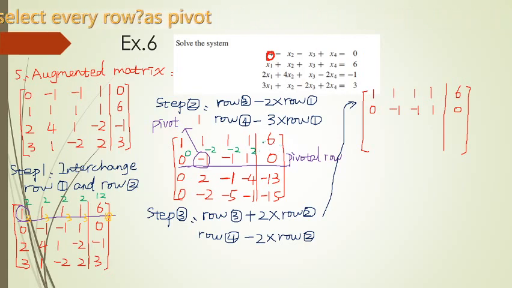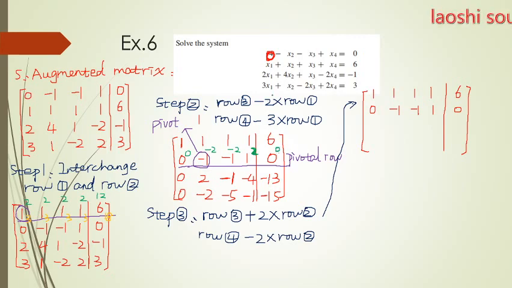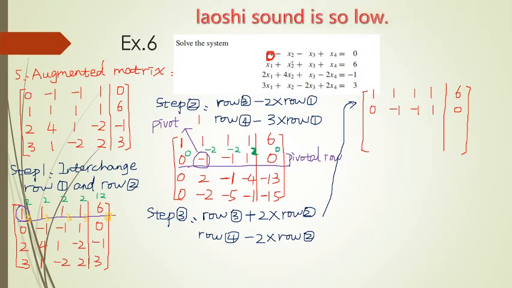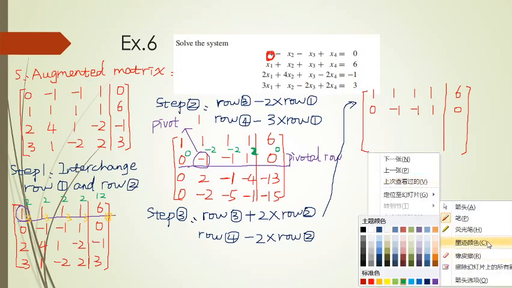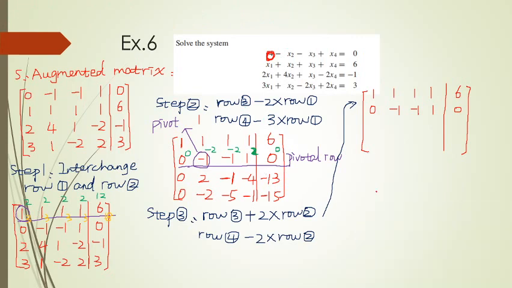We can select every row as pivot. It's one by one. What do you mean every row as pivot? Sound is low. Each step, each row operation, you can only choose one row as pivot row.